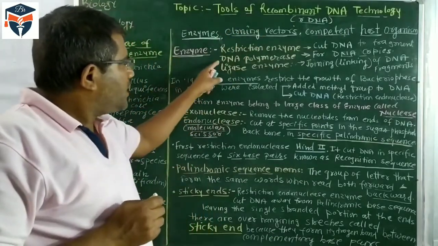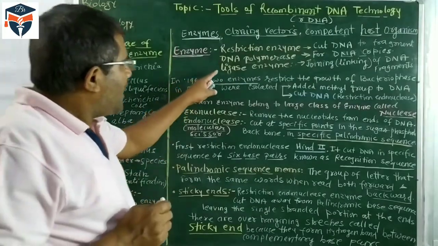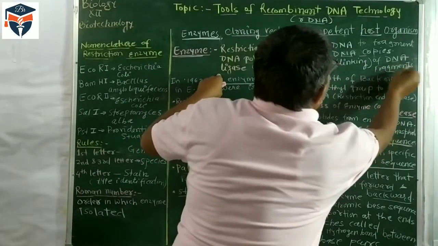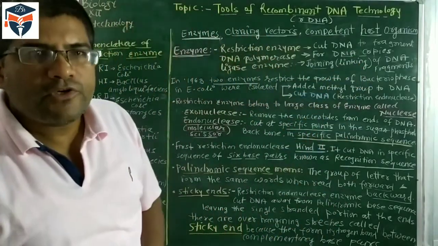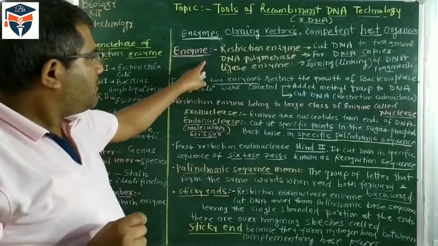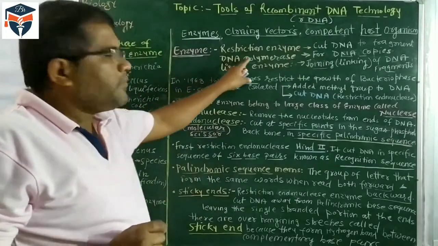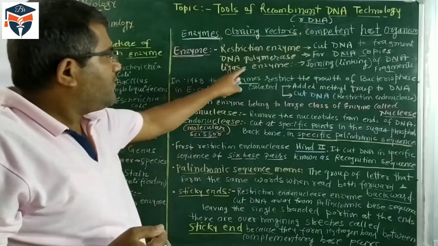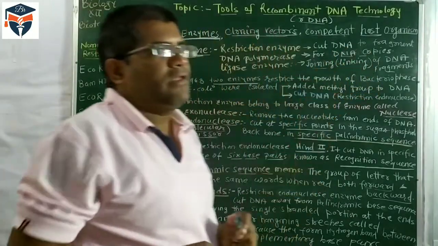The third, ligase enzyme, helps in joining of DNA fragments. Linking of DNA fragments is the specific term used in our NCERT book. So we remember three enzymes: restriction enzyme cuts the DNA, DNA polymerase helps in making copies of DNA, and ligase enzyme helps in joining or linking of DNA fragments.